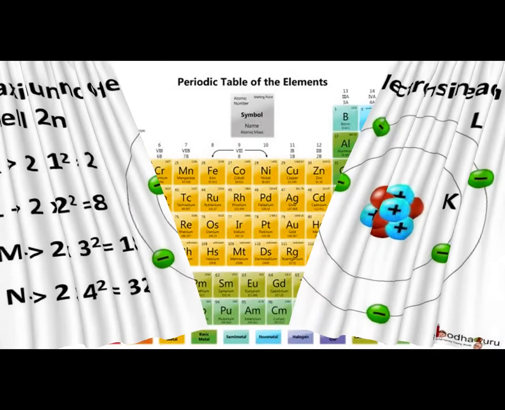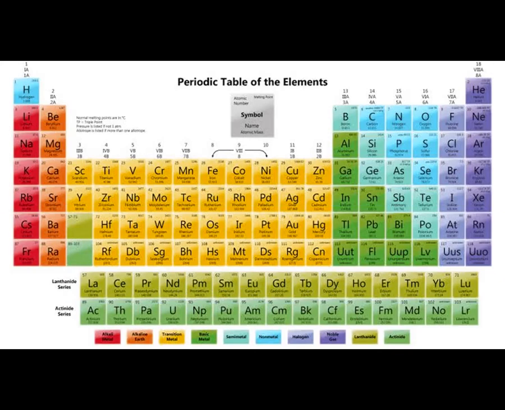Okay, my dear students, here's the periodic table, and this is the modern periodic table. As I have explained earlier about the groups and periods, we will not talk about the groups and periods today. We will just talk about the first 20 elements of this periodic table.